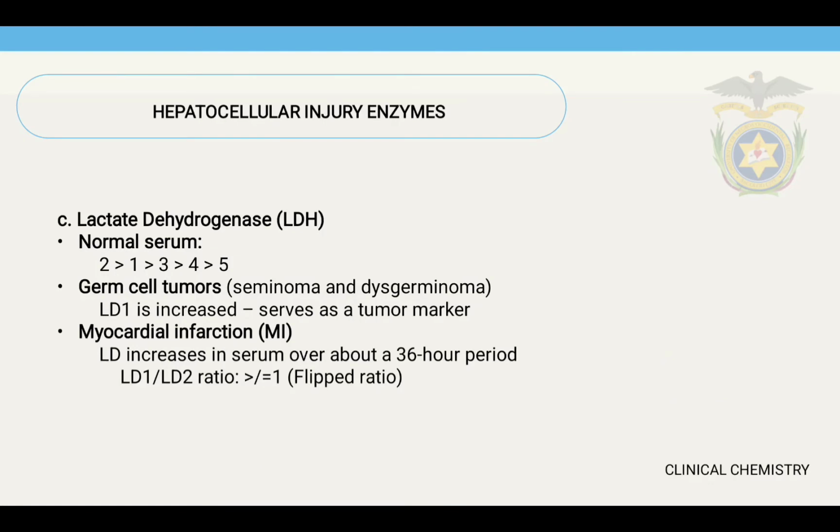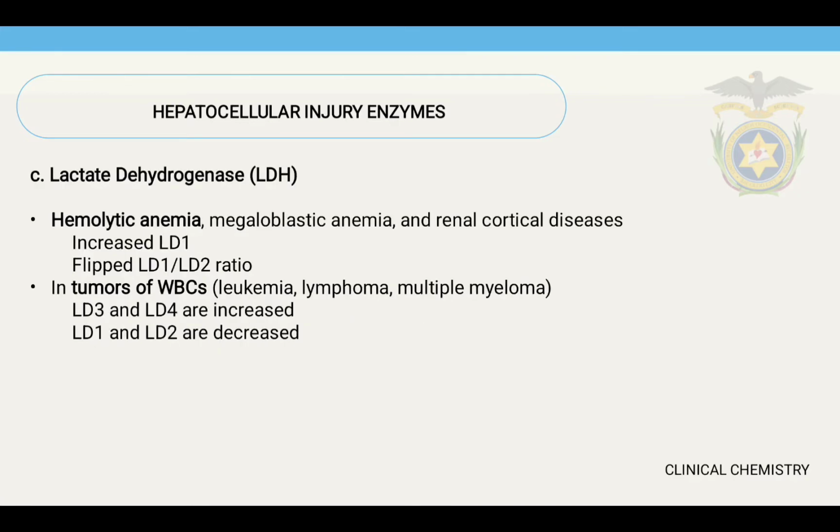In normal patients, the order is 2, 1, 3, and then 4, 5. However, certain disorders may affect this order. For example, in germ cell tumors, your LD1 is increased. In myocardial infarction, we have what is known as a flipped ratio, in which the LD1 to LD2 ratio is greater than or equal to 1.